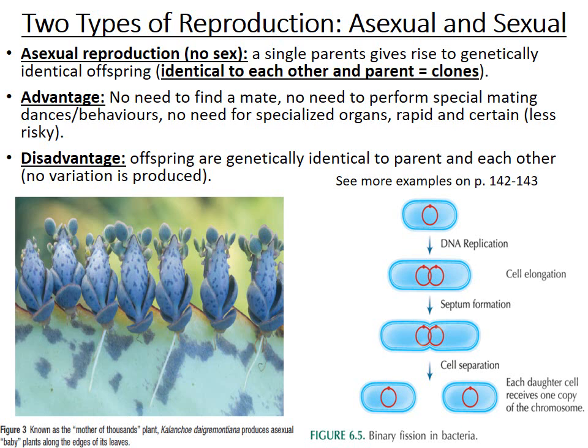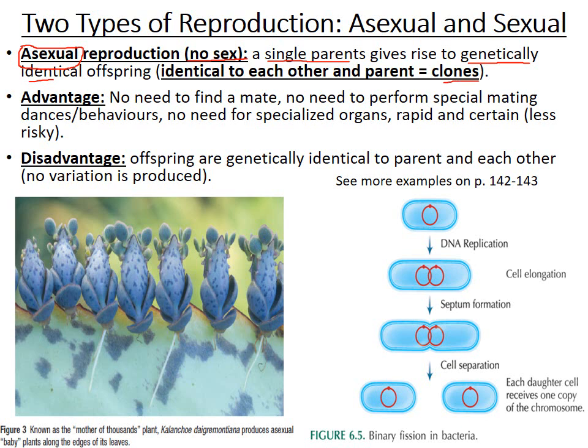There's two types of reproduction that I want to discuss, and they have their advantages and disadvantages. Asexual reproduction is the first. Usually when you add a to a word, a means without, so reproduction without sex, no sex involved. Asexual reproduction is when there's one parent that gives rise to offspring, and the offspring are genetically identical to each other, meaning they're clones.